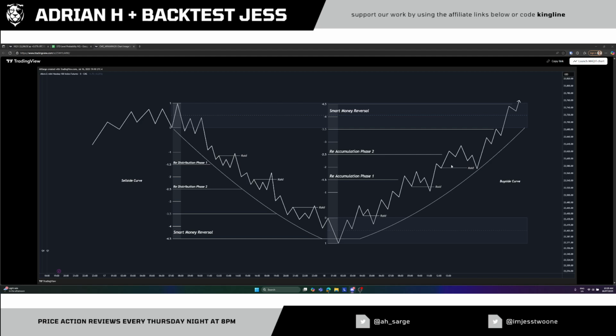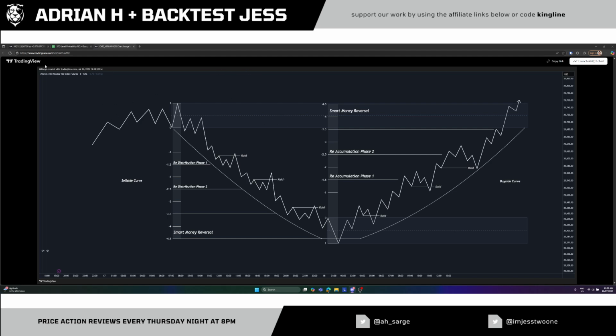And then we come back and raid this low. Or we get an SMT here where ES or YM raids this low and NASDAQ continues up, which is what we've had this week. This is what we had in Asia yesterday. I was watching that New York PM low here, and ES swept that. NQ didn't, and then it expanded straight up.